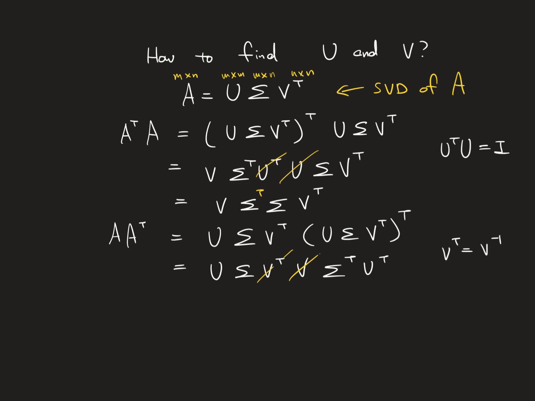And we have U sigma sigma transpose U transpose. We know that U and V are orthogonal matrices. And also we know that A transpose A and A A transpose are symmetric.